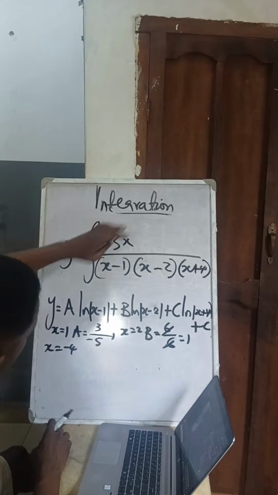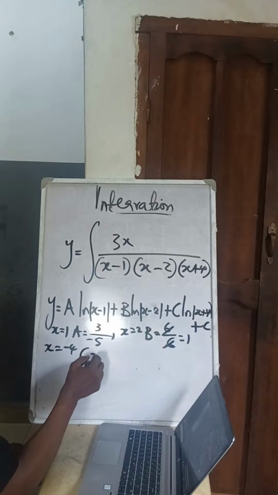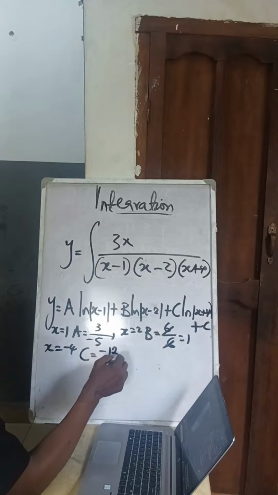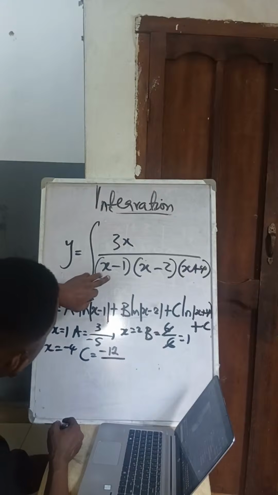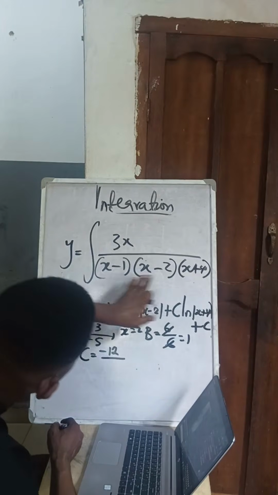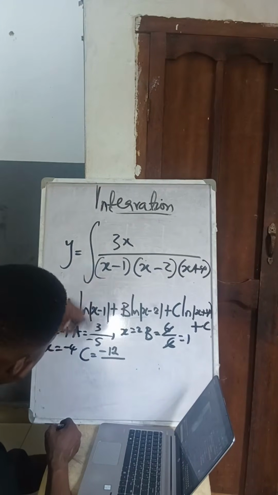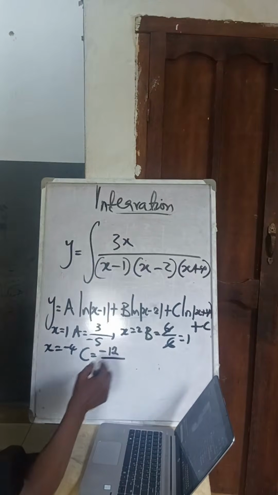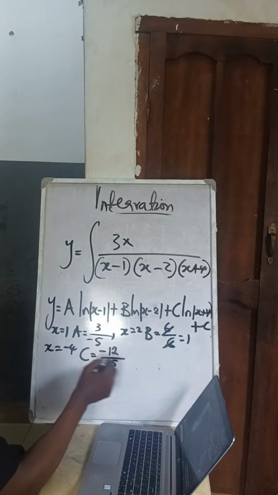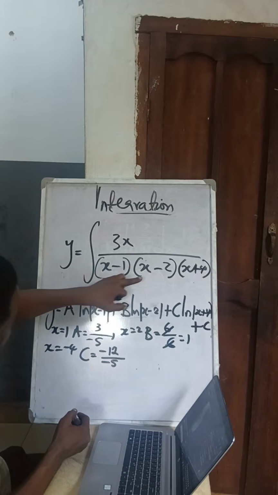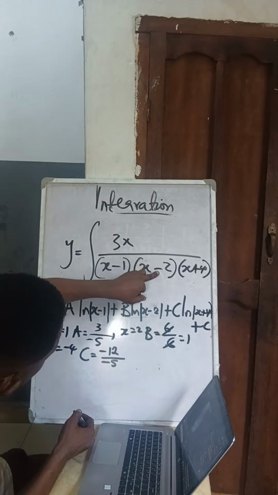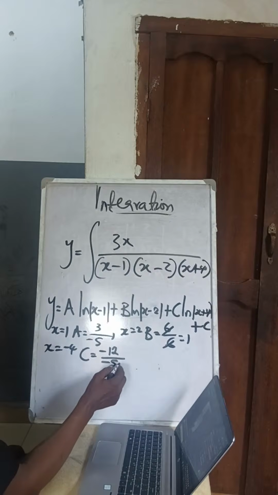You now see 3 times minus 4. You have C is equal to minus 12 over, now, minus 4 should not come here, but you put it here and here. So minus 4 minus 1 will give us minus 5. Have you seen it? Then minus 4 minus 2 will give us minus 6.